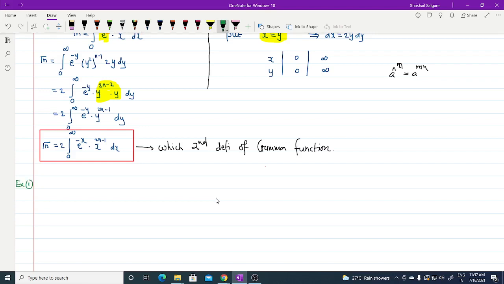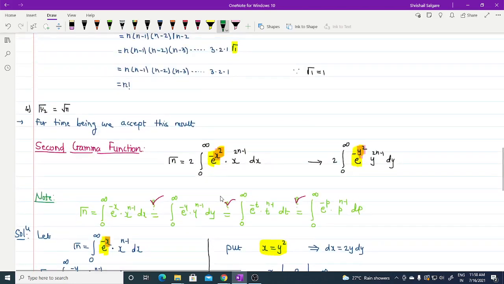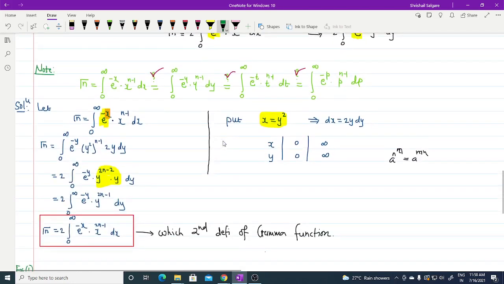Suppose first one, examples. Where? Just a minute, just a minute. Something I did mistake here, I think. So when I substitute, it is y square.